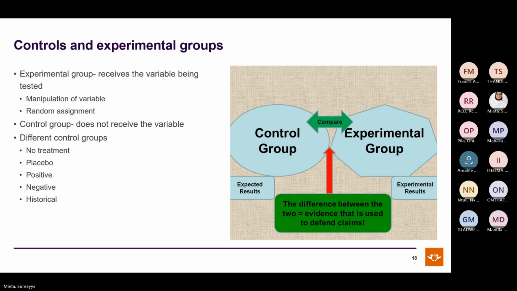Okay. Sorry for that. So that is what we mean by random assignment, okay? And the control group does not receive the variable. So the control group, we will not add the chlorine to the control group, okay?